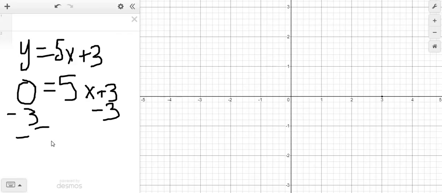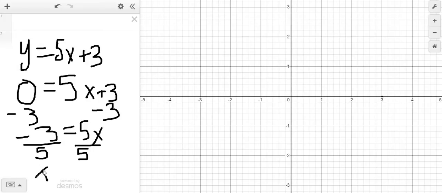So it'd be negative 3 equals 5x. And then we just divide by 5 on both sides. And then we would get x as negative 3 over 5.